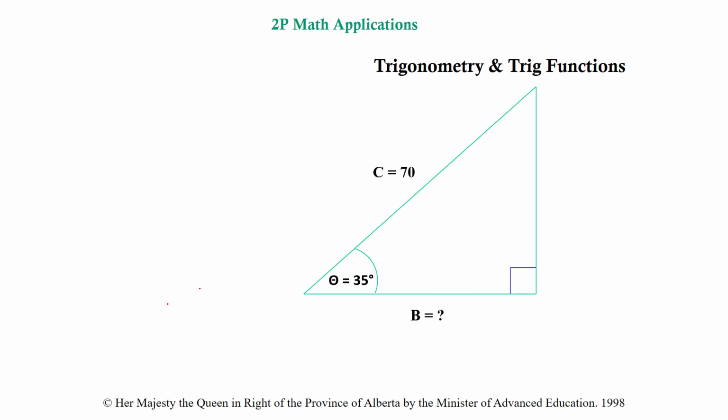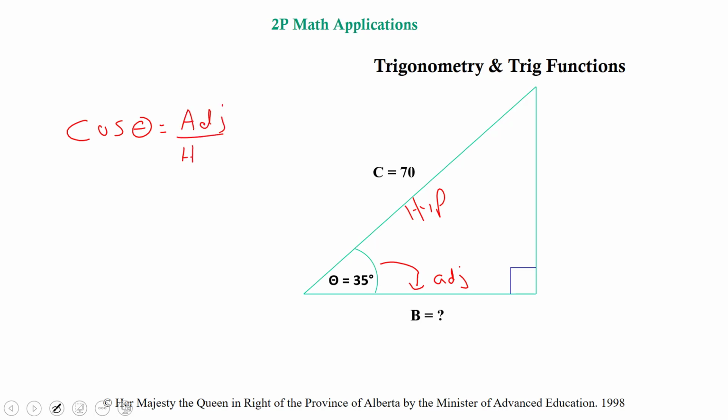On this one, we need to know what side B's length is. We're given the angle and we're given the hypotenuse. Once again, this is the side adjacent and this is the hypotenuse, so we're going to be using the cosine ratio again. Cosine theta equals adjacent over our hypotenuse.